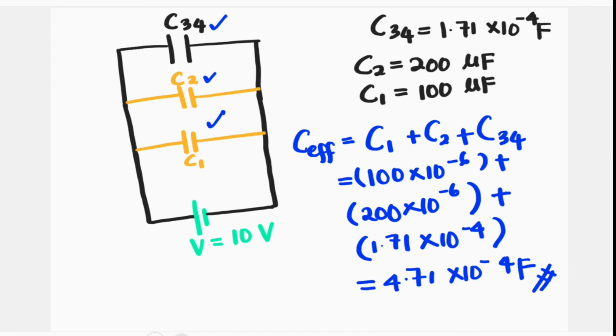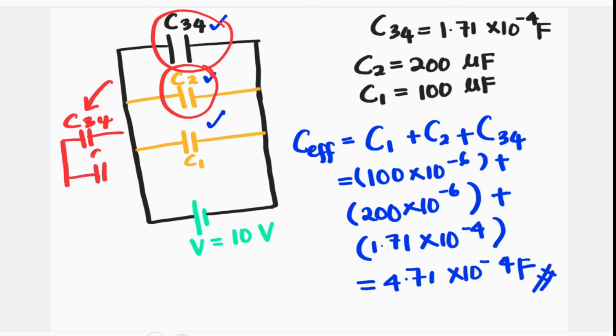Or you can calculate step by step. That means you combine the capacitors C34 and C2. They are parallel, so the circuit should be like this. C34 and C2 are parallel, so you will get this combination, C234.